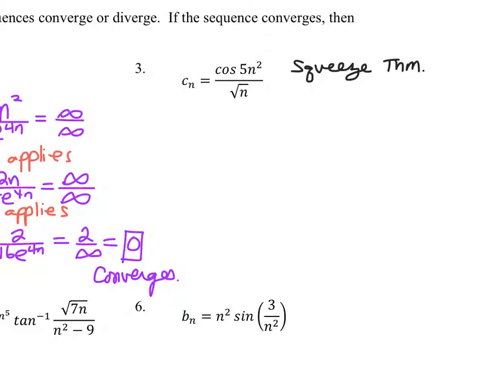Trig functions are a lot easier to handle when it comes to the squeeze theorem, because sine and cosine functions always exist, regardless of what is contained within the function. They always exist between two values.